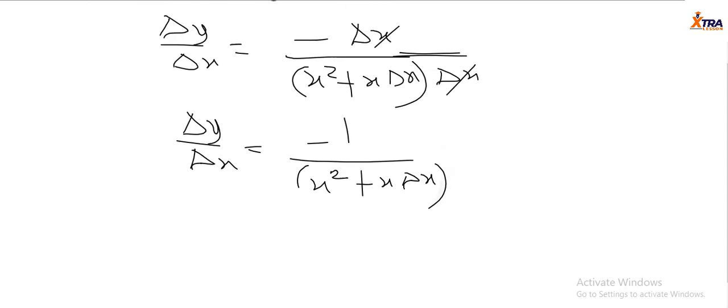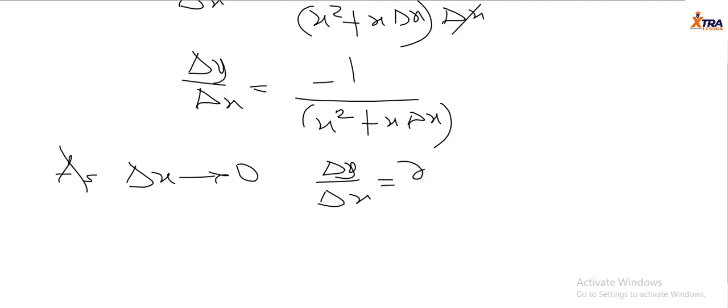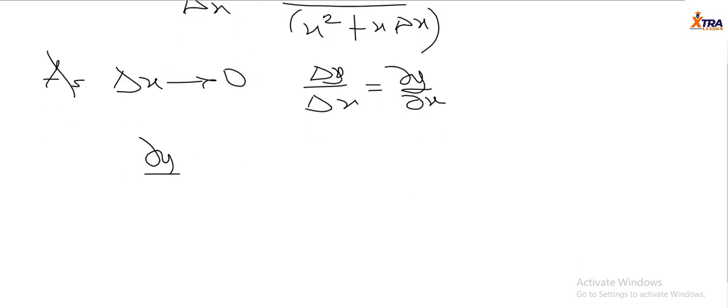So now, as delta x tends to 0, delta y over delta x becomes dy over dx. So we have dy over dx equals minus 1 over x squared plus x into brackets 0.